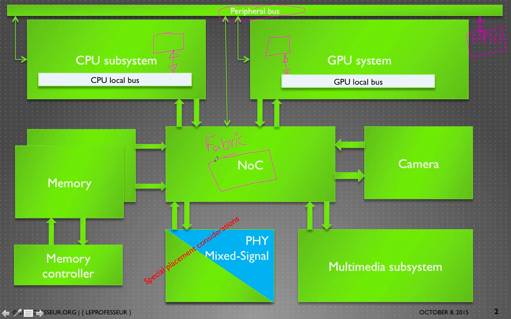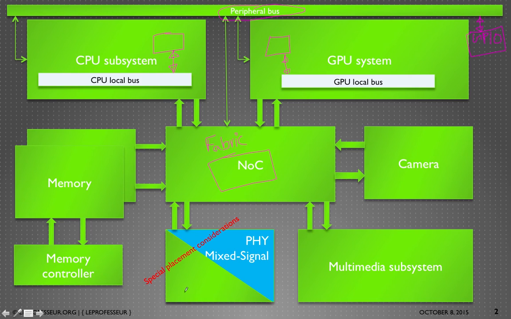And then you have the memory subsystem, memory controller, and so on, multimedia subsystem, camera interface, and all those are connected with an NOC and a network fabric, which provides the facility for communicating between different parts of the chip. Now here the important part comes, the mixed signal interface.